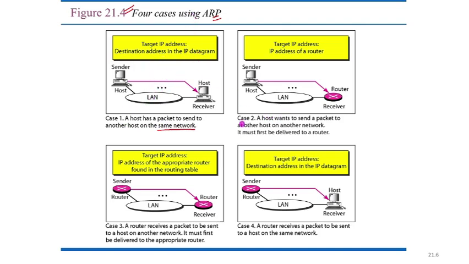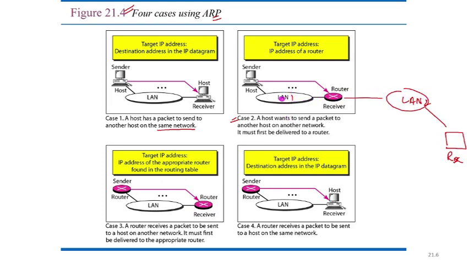The next case is case 2. Here a host wants to send a packet to another host on another network. This is the sender, but the receiver is connected to another LAN, LAN 2. So this is network 1 and LAN 2.